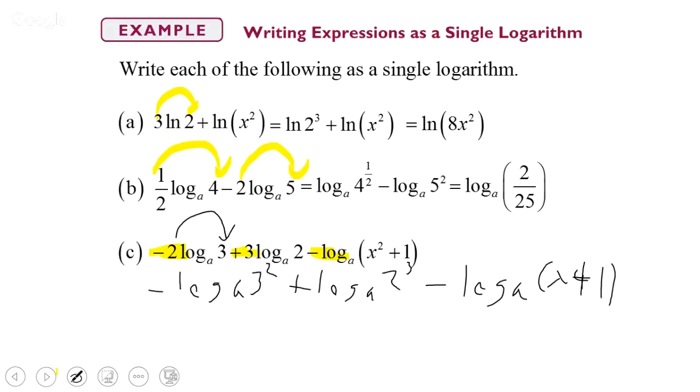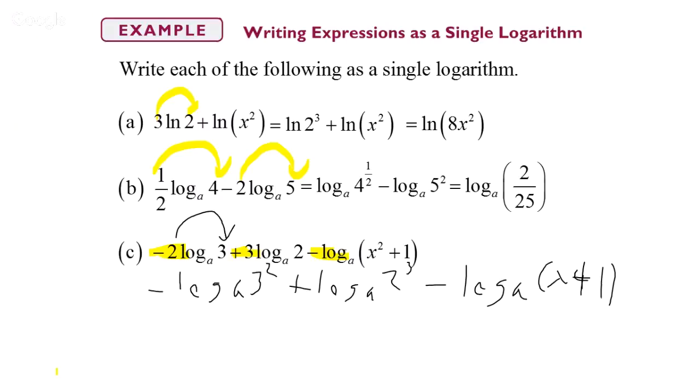Now, everything that has a minus goes to the bottom. Everything that has a plus stays at the top. So therefore, I have 2 cubed on top, and 2 cubed is 8. I have 3 squared on the bottom, so 3 squared is 9, so it's going to be on the bottom.